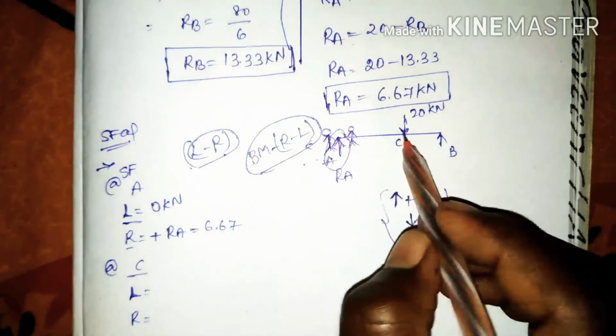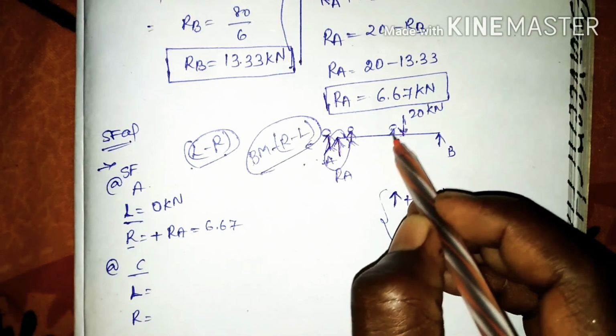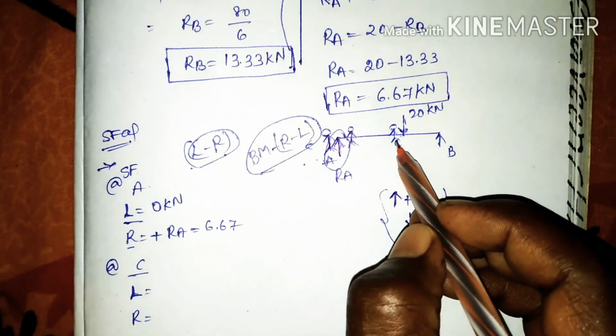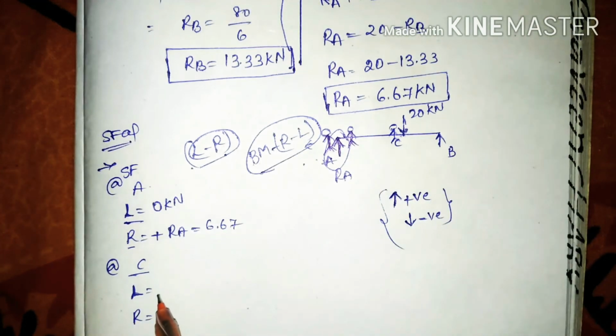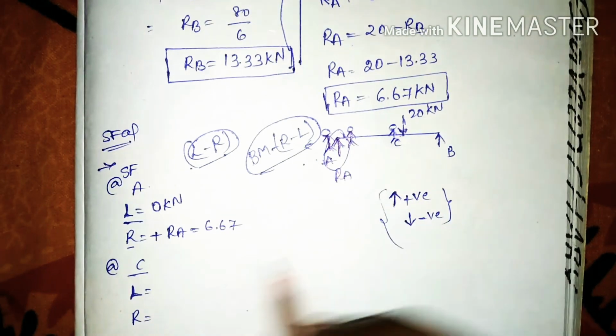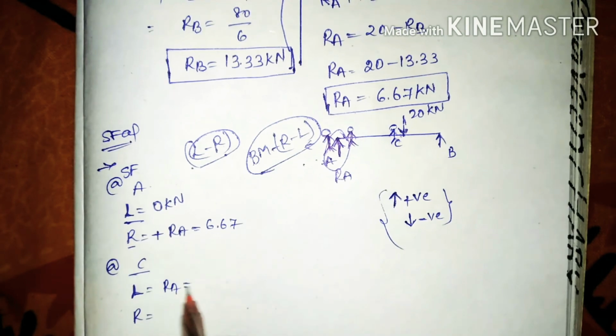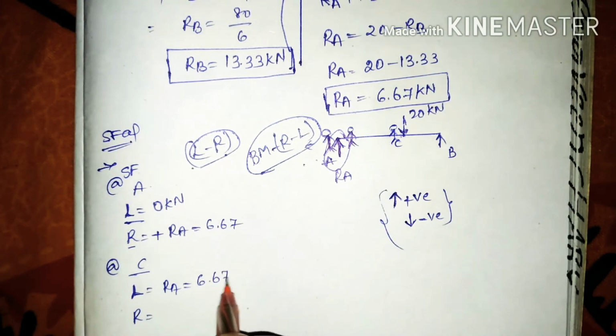And moving on to the C, when I am standing to the left of the C, I am going to have only one reaction, that is RA, also positive. The value of RA is 6.67.